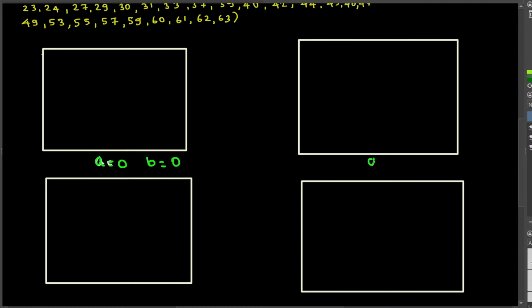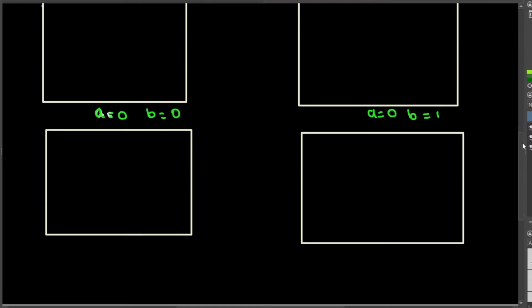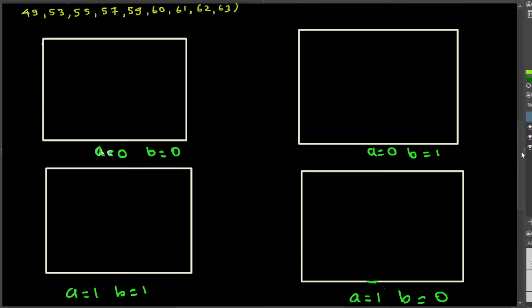This is for A is equal to 0, B is equal to 1, and after that you go A is equal to 1, B is equal to 0, and here A is equal to 1, B is equal to 1. Okay, now we have 4 input KMaps.